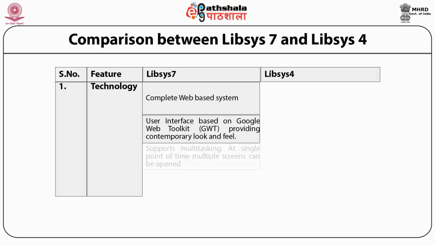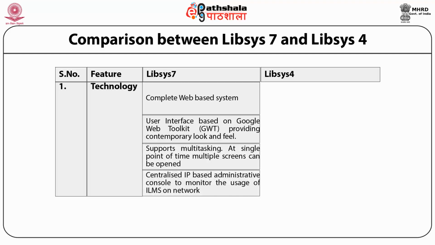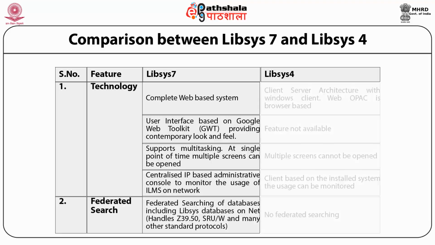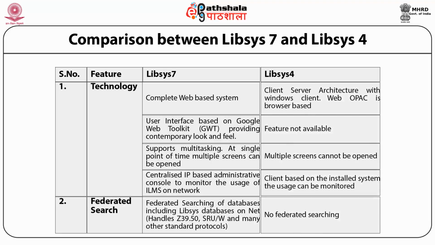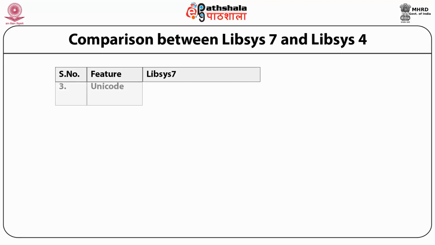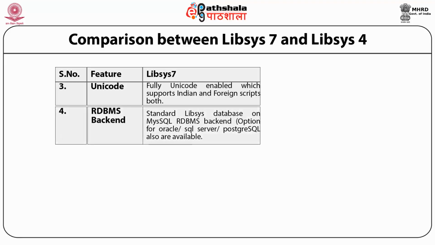Version 7 supports multitasking and has a centralized IP-based administrative console. It also provides federated searching of databases, including the LIPSIS database on net, which was not available with LIPSIS 4. LIPSIS 7 fully supports Unicode for Indian and foreign scripts both and provides an RDBMS backend.